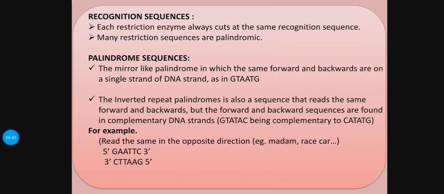Similarly, I am taking the example of the recognition sequence GAATTC in the 5 to 3 direction, and if you read it in the 5 to 3 direction reversely, then it is also GAATTC, and it is complementary to the GAATTC. So this is an example of a recognition sequence, and it is generally a palindromic sequence, or it could be an inverted repeat palindrome.